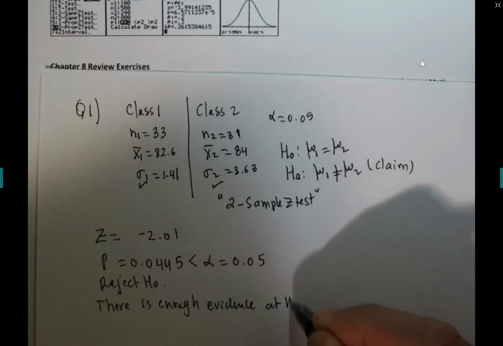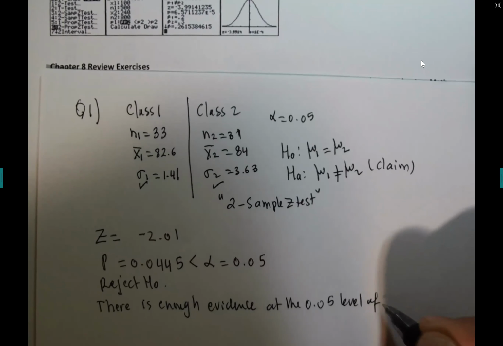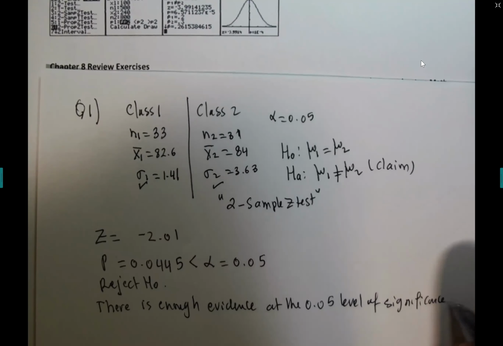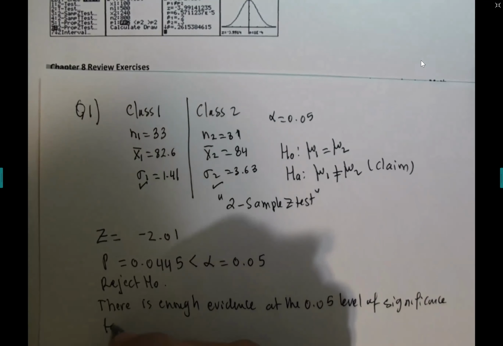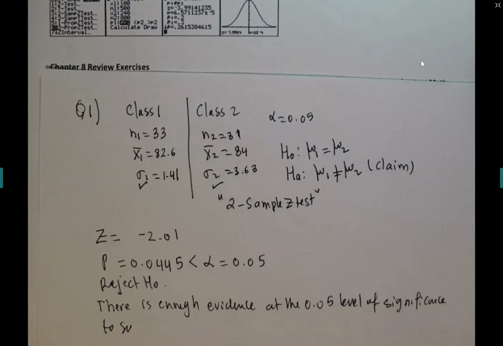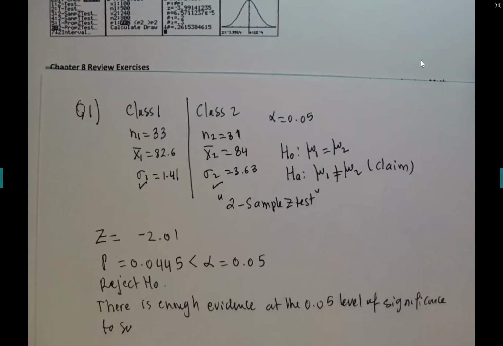At the 5% level of significance. You can say 0.05 or you say 5%. It's the same thing, guys. It depends on what the homework online has. To what? Reject. That I don't agree with. You see where the claim is? To support. Support the claim.